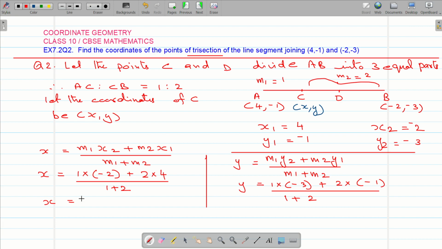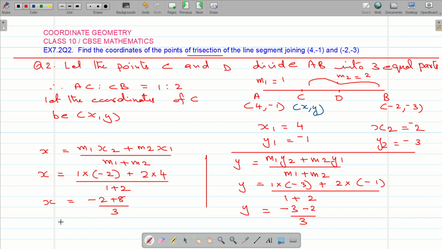Therefore, x is equal to minus 2 plus 8 divided by 3, and y is equal to minus 3 minus 2 divided by 3.